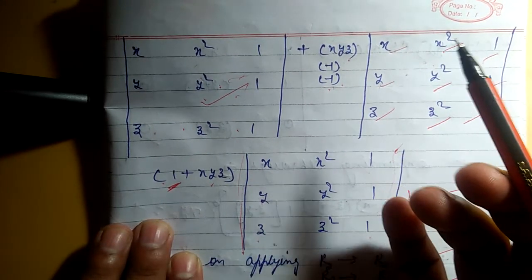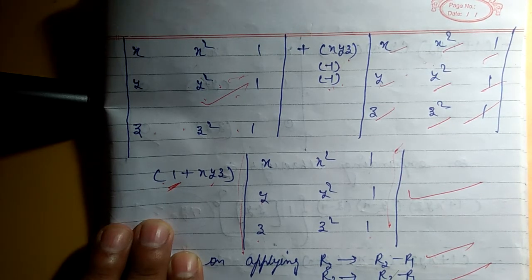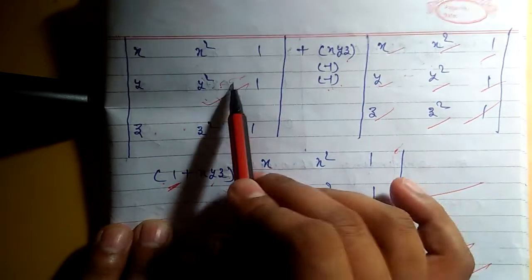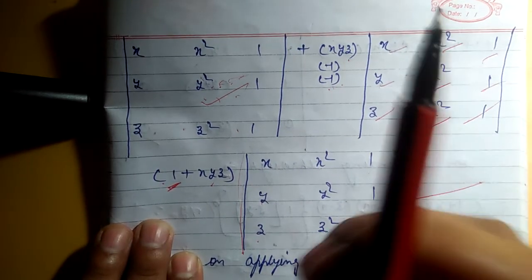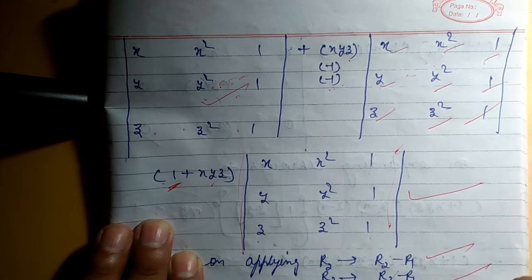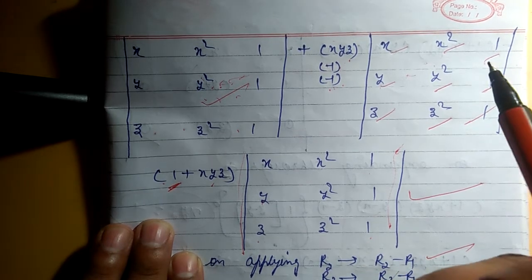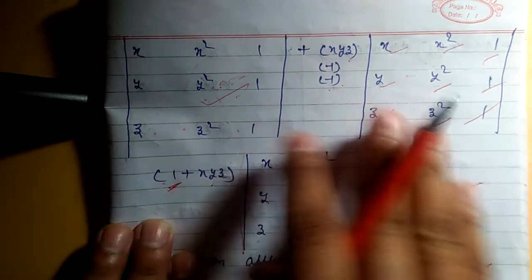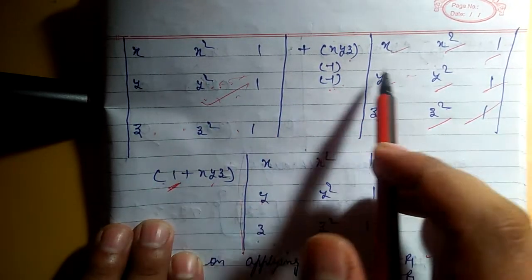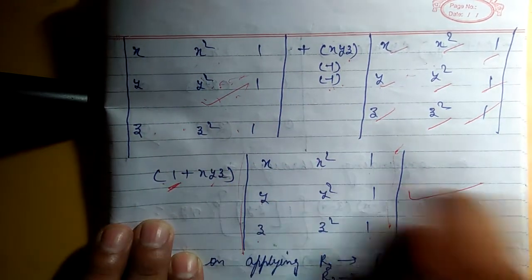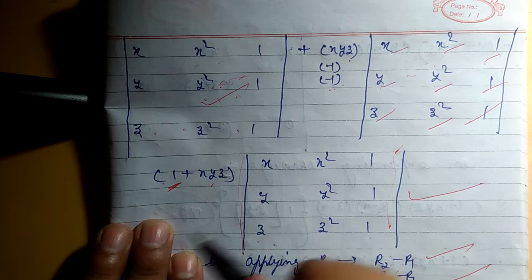Now what should we do? The question should arise in your mind: since both determinants are the same, can we take the determinant out common? Earlier we didn't know whether we could take out a common determinant or not, but in this case, when both determinants are the same, you can take the determinant out common.